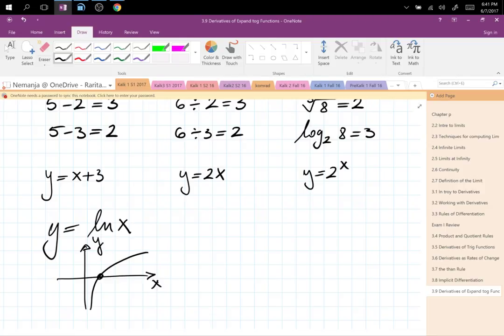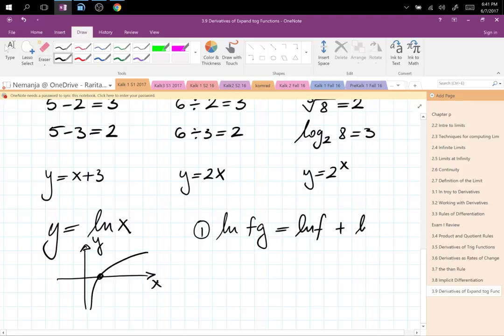Now, what you are supposed to know for today's class is the 3 rules of logs that help you expand and contract logs if you have multiple logs of the same base. Rule number 1 says that ln of f times g is equal to ln of f plus ln of g.